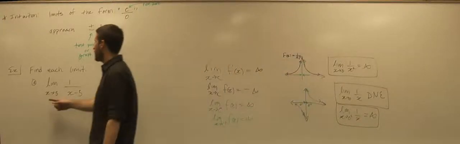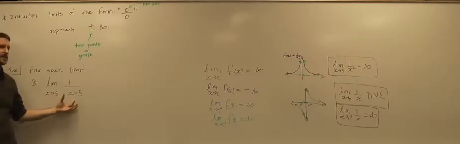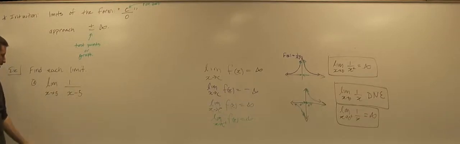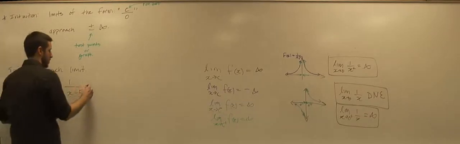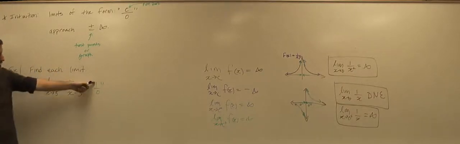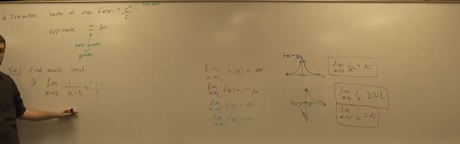When you plug in, we're trying to calculate this limit, and one of the things we learned to do is just plug it in and see if we get 0 over 0, or see if it makes sense. So the first thing I would definitely encourage is plug it in. In this case, we get 1 over 0. As soon as you get a non-zero constant, any constant that's not 0, over 0, you're thinking infinity. This should be hopefully infinity.